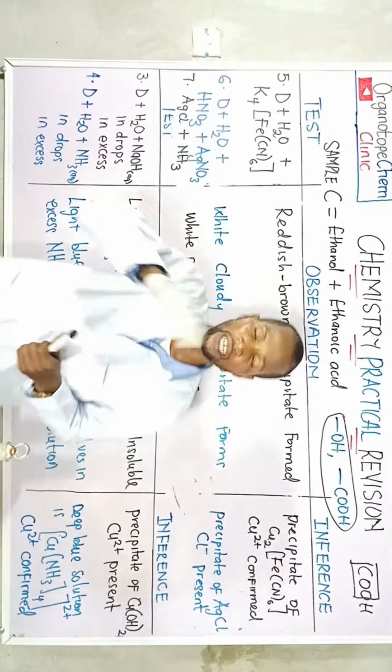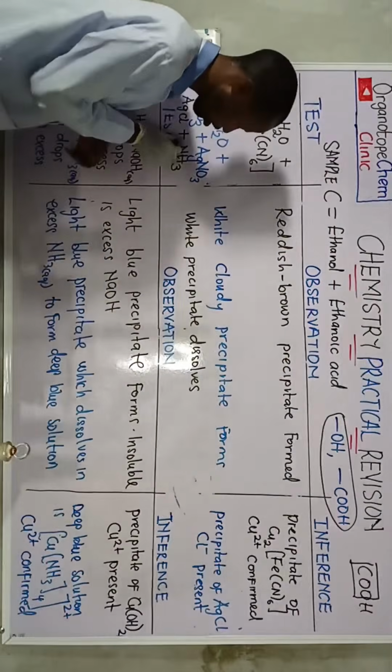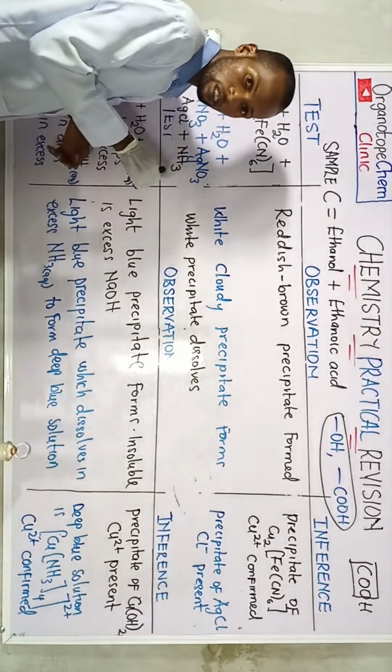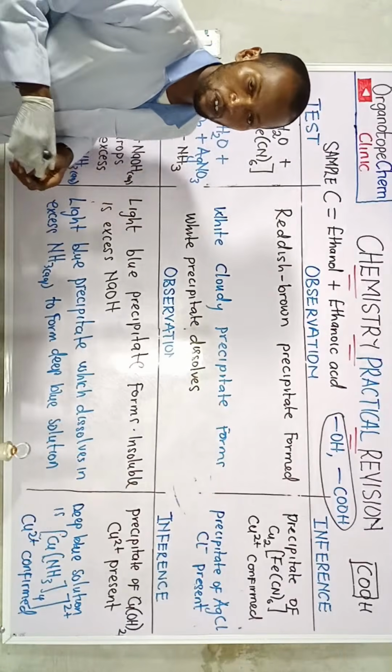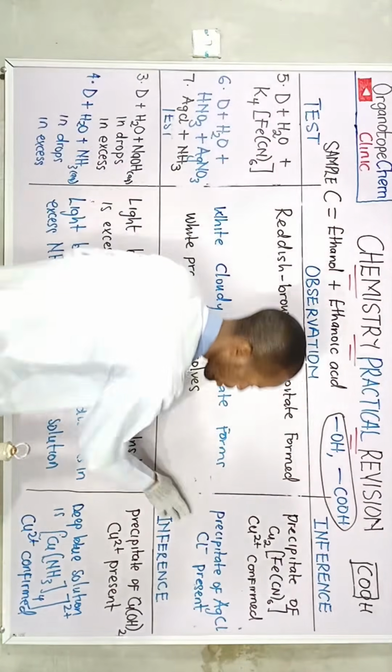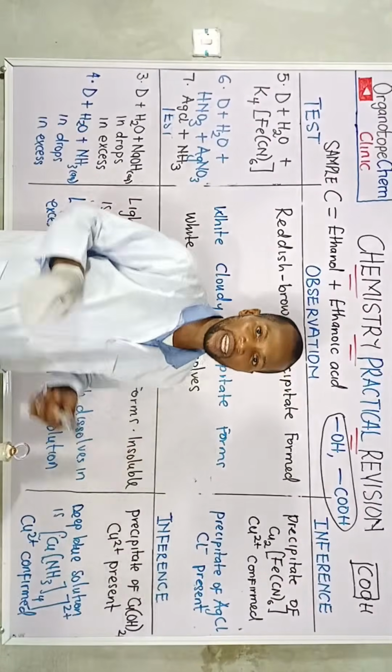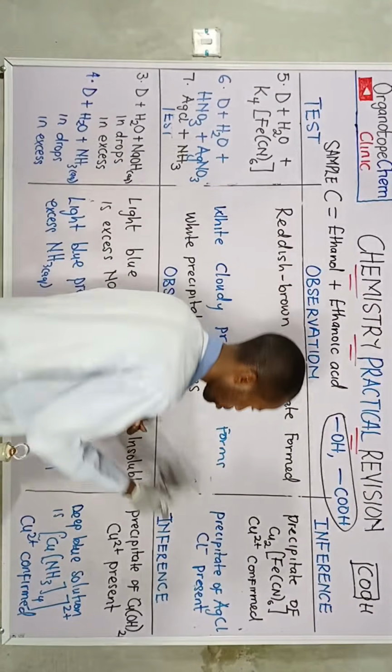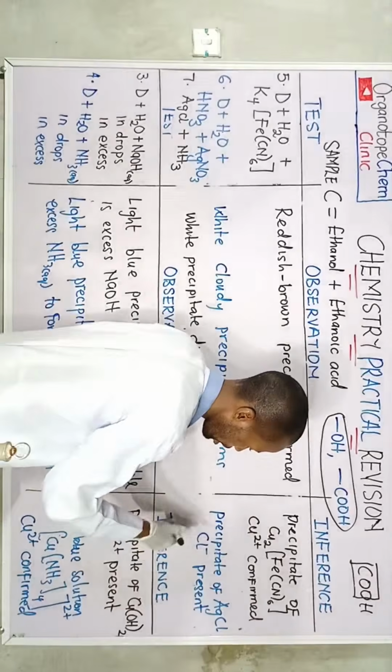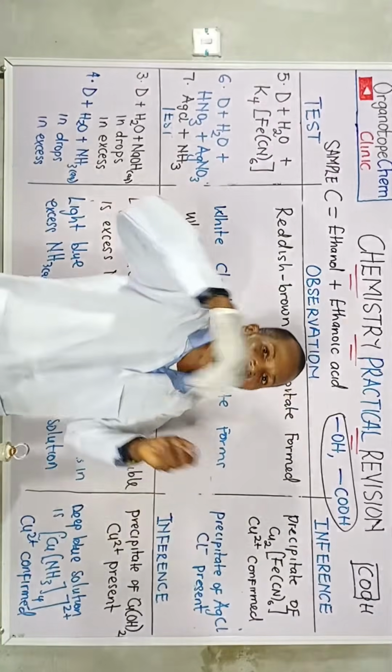So it is univalent. Now, the ammonia also will bond the same way with the silver. Is that okay? Notably, when ammonia is bonding with silver, we are expected to have AgNH3 as well.